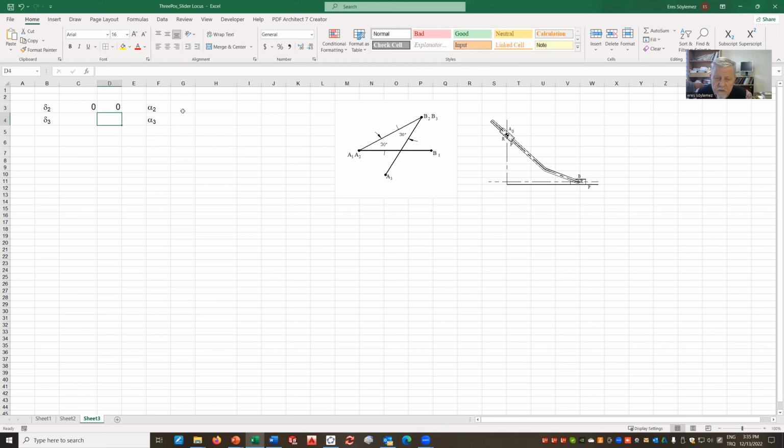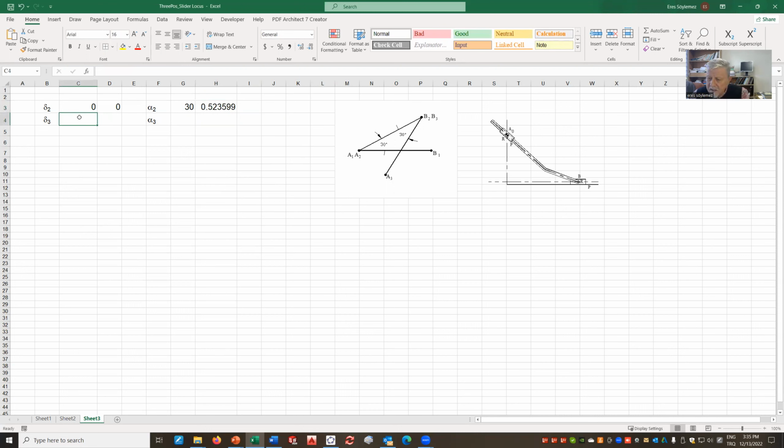But the angular rotation will be 30 degrees. Let me convert these 30 degrees to radians, equal to 30 times pi over 180. I have to open and close parentheses since this is fixed.